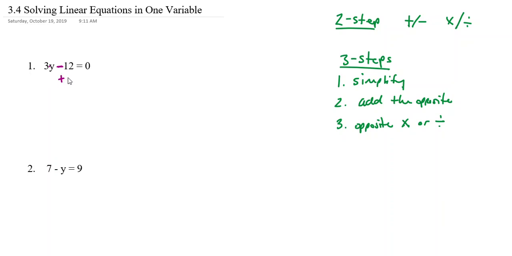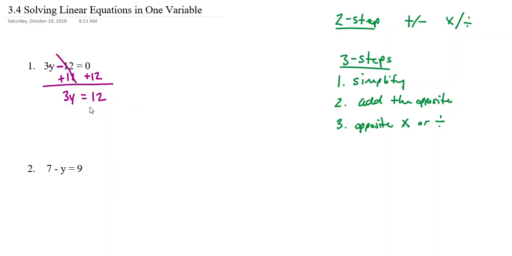The opposite of minus 12 is plus 12. And whatever I do to one side, I have to do to the other side, and I show myself that I'm doing this, and then I simplify. 3y minus 12 plus 12 is just 3y. And 0 plus 12 is just 12.